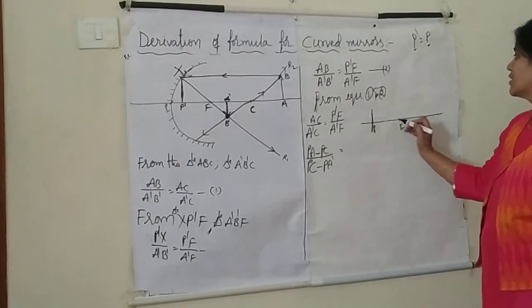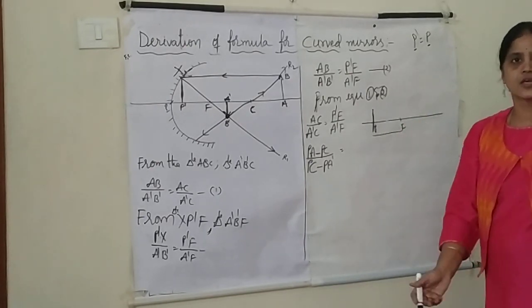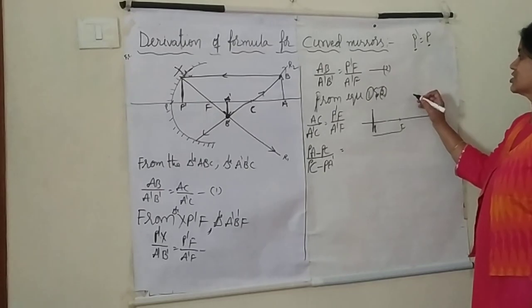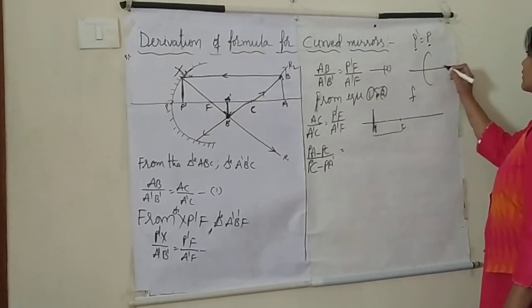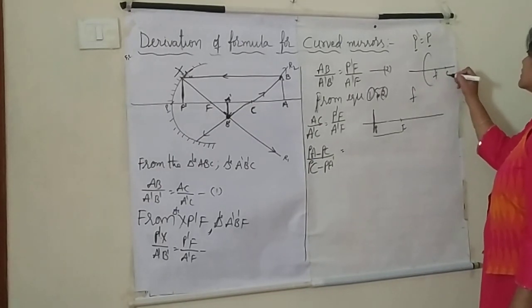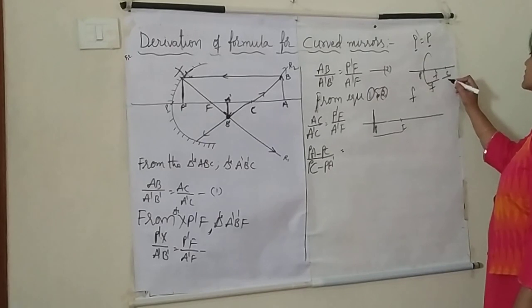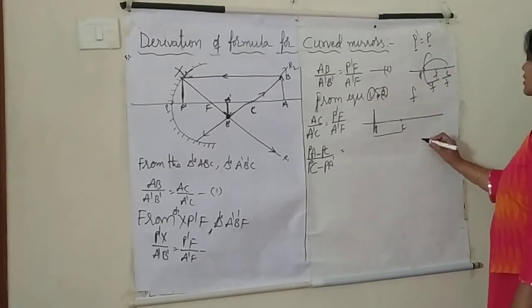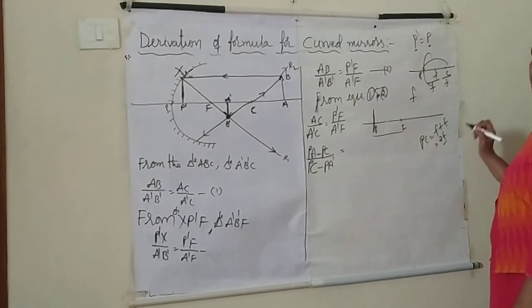So from P to F, that is known as the focal length, represented by the small letter f. For the concave mirror, this is F and this is C. I said this is the focal length, represented as f, and this is f. So PC becomes f plus f, that is 2f.